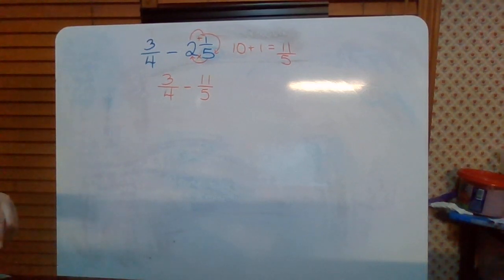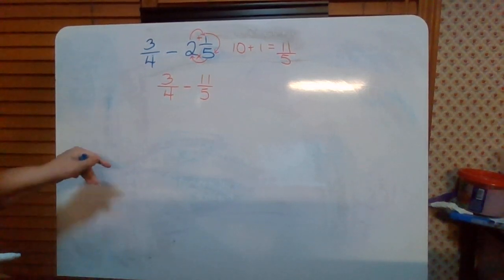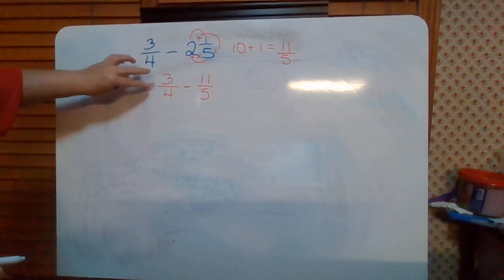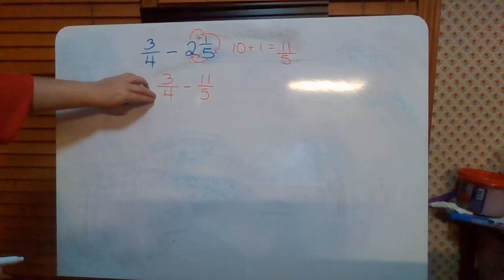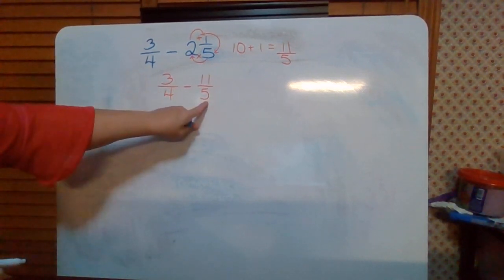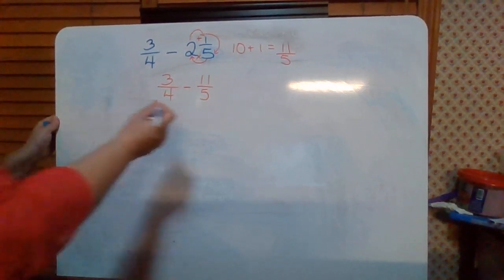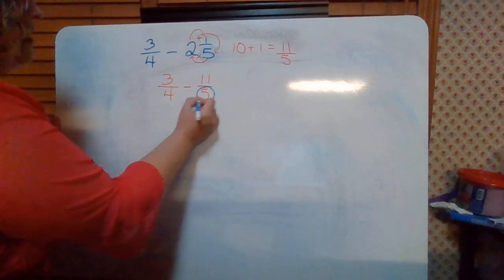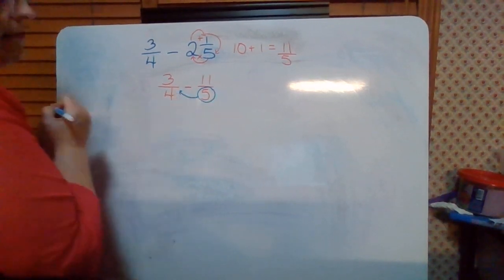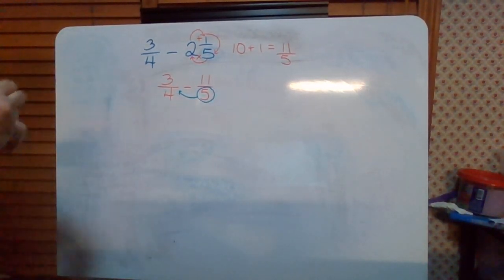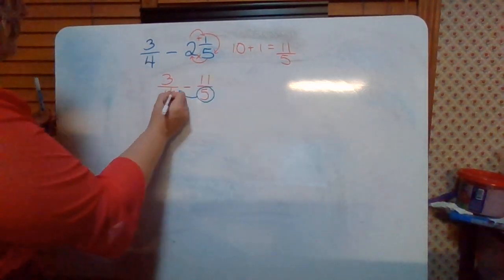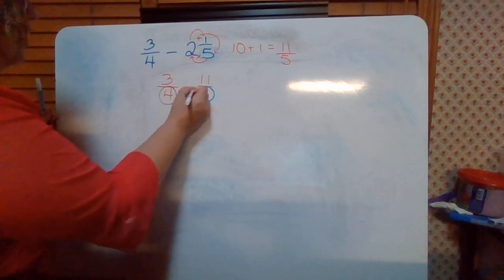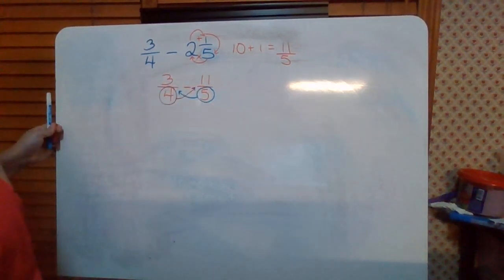Our second step is to find a common denominator. To do that, we multiply the numerator and the denominator by the denominator in the opposite fraction. So I'm going to multiply this fraction by 5, top and bottom, and this fraction by 4, top and bottom.